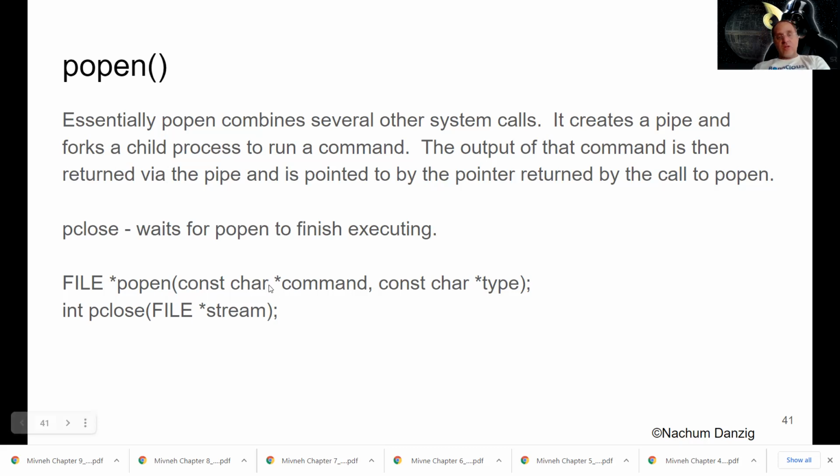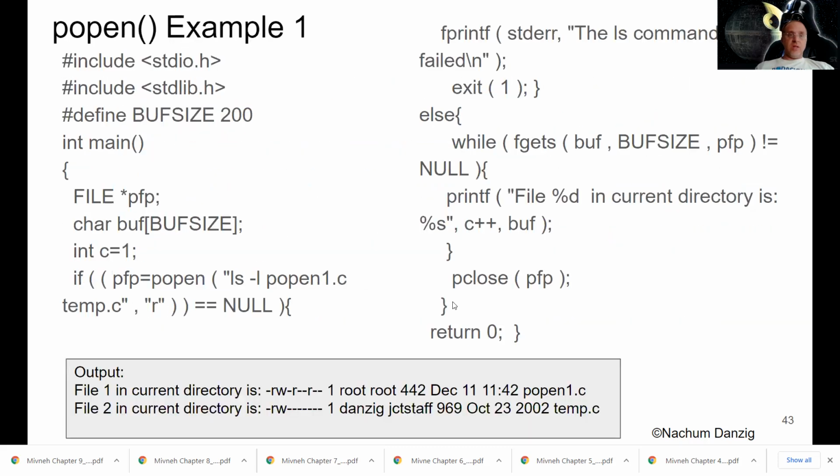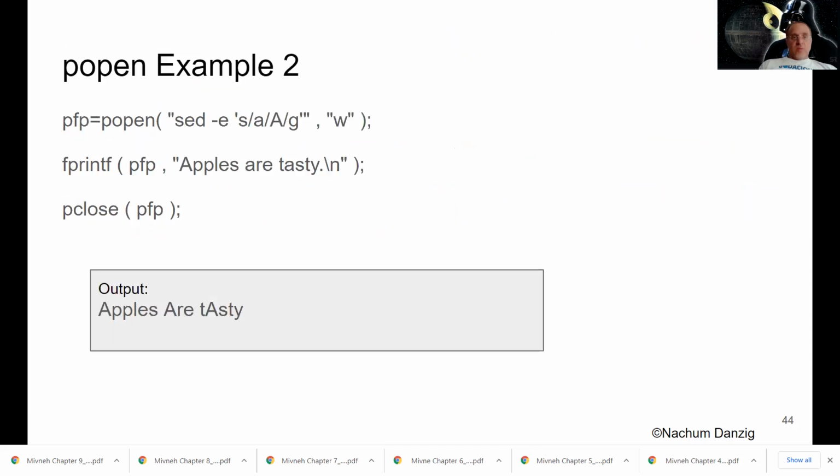It would take a command like ls -l and a pointer. Let's see an example of using it here. So here's popen. This is my last. Oh, I have one more example. Okay, here's a simple example. Output is apples are tasty. Because what I did was I did popen.